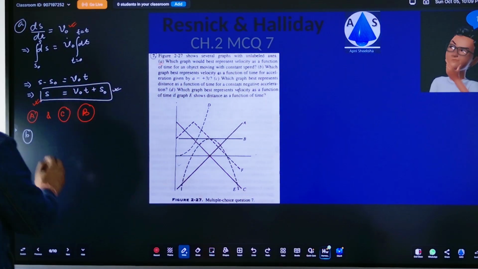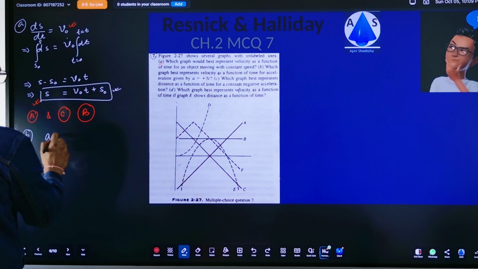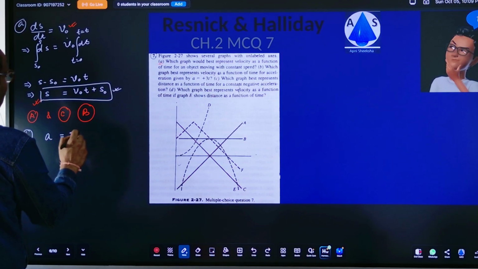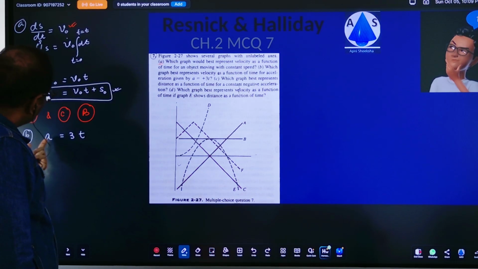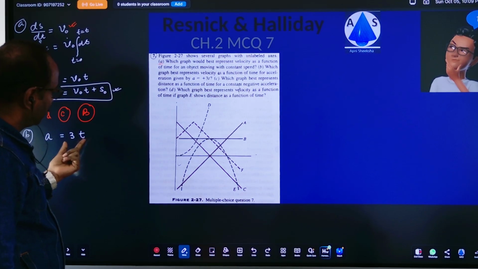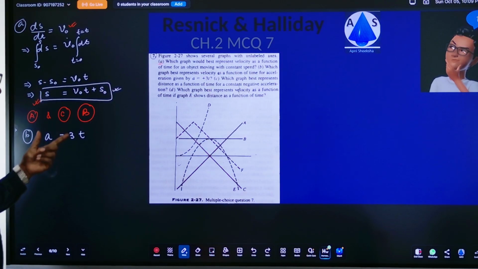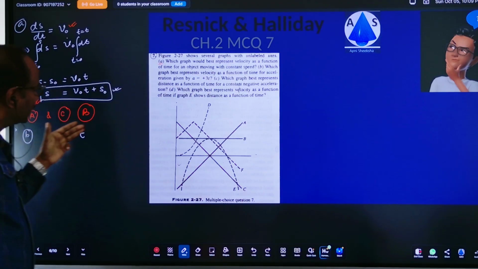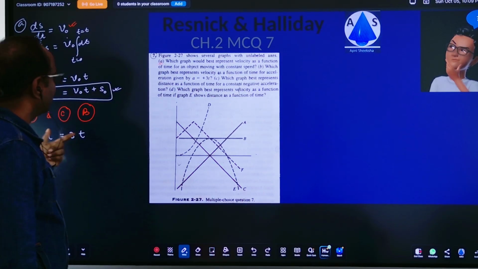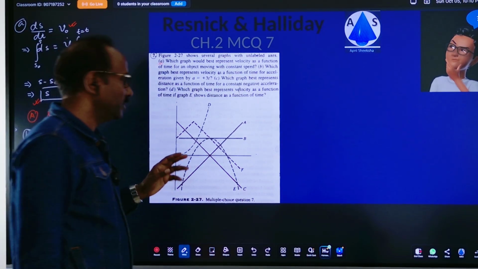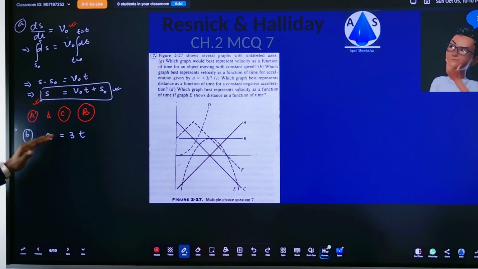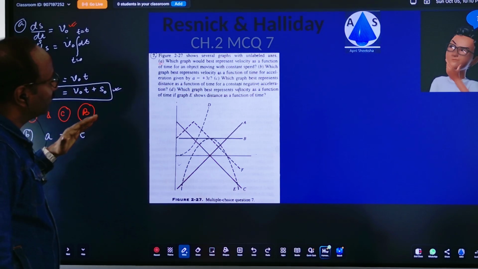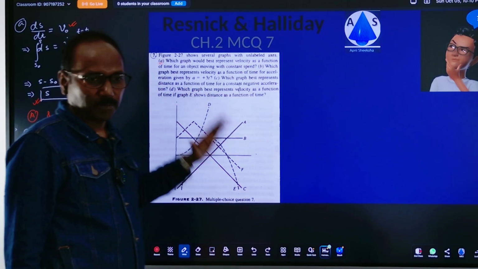So acceleration is given as a function of time, 3t. So acceleration is changing with time. And which way is it changing? T increasing, a is also increasing. So from this equation we have this information that acceleration is continuously increasing.